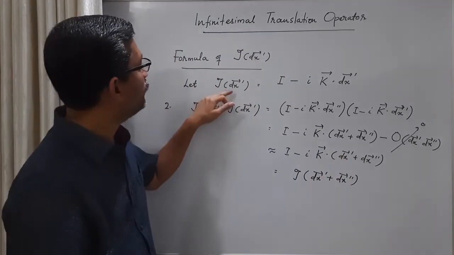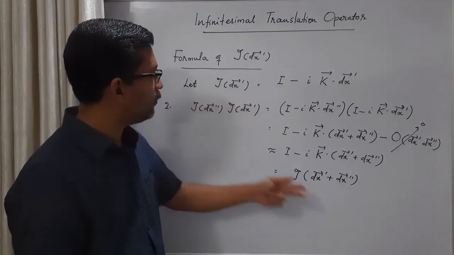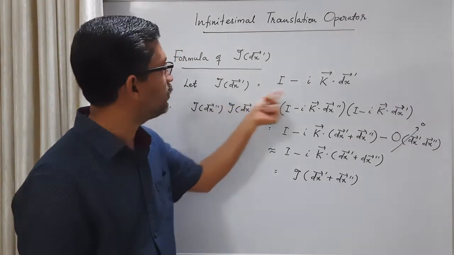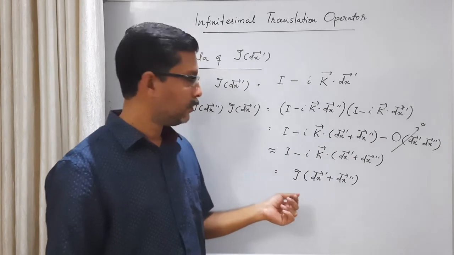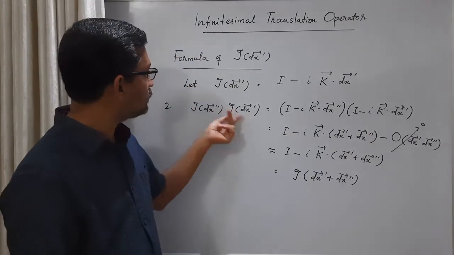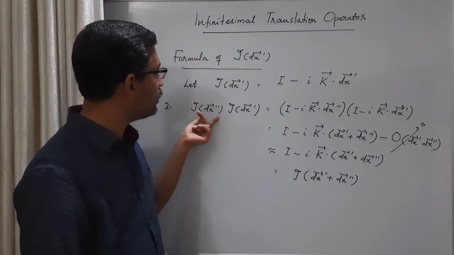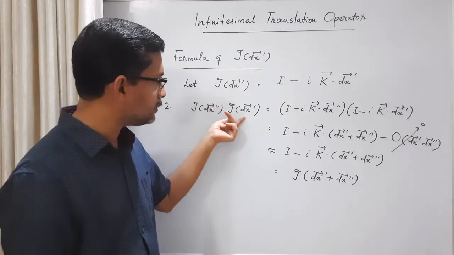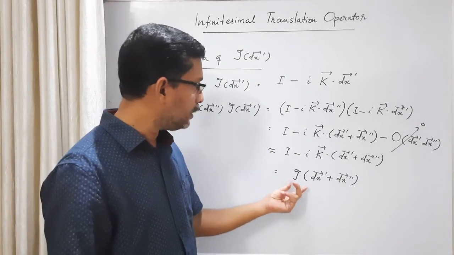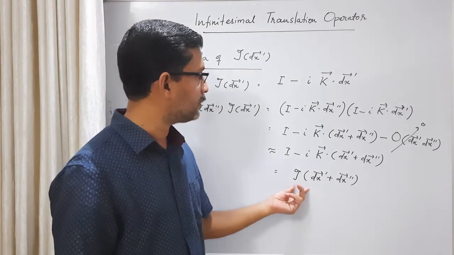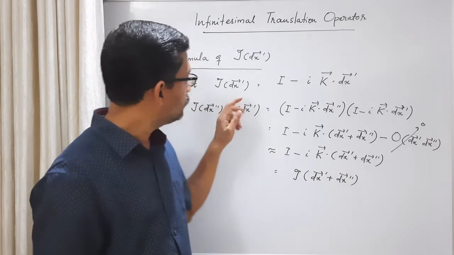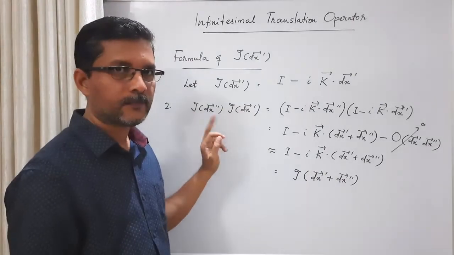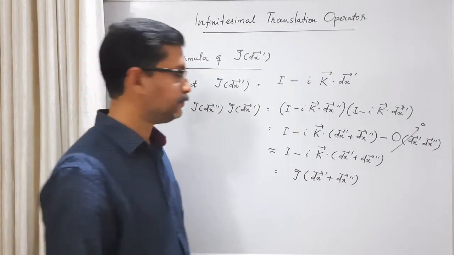If we substitute dx prime by dx prime plus dx double prime, we get exactly this. So the sequential action of two infinitesimal displacement operators is equal to an infinitesimal displacement operator which produces the shift of the sum of the two displacements. This proves the second property also.